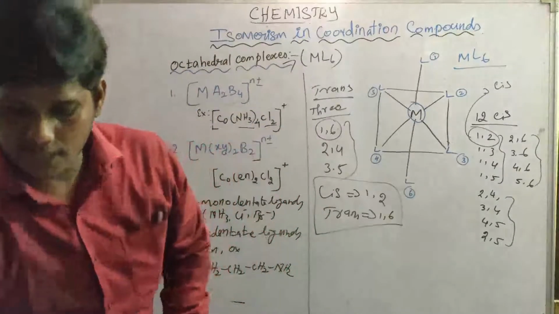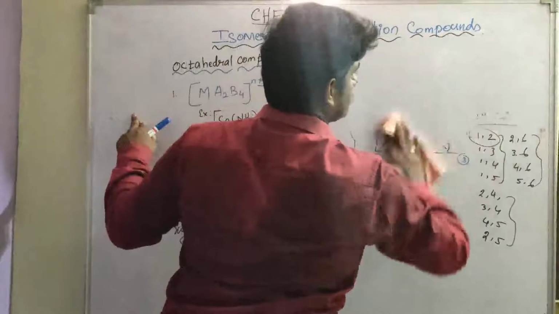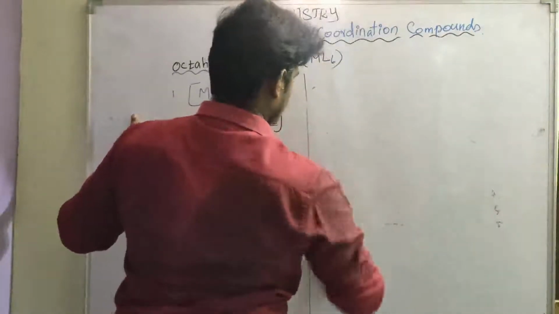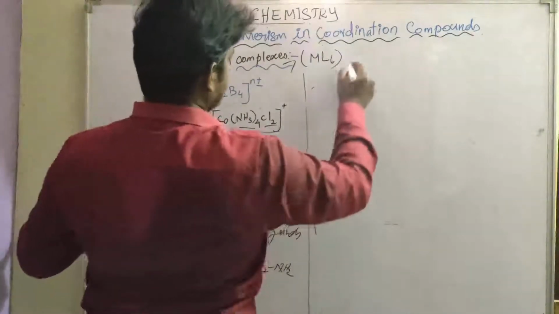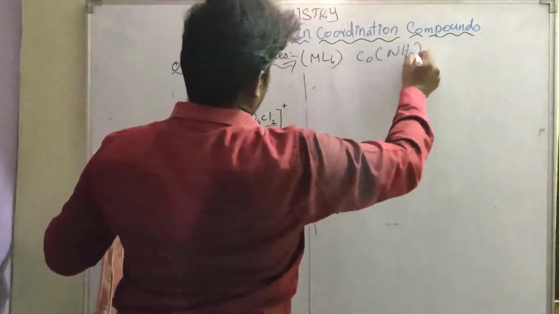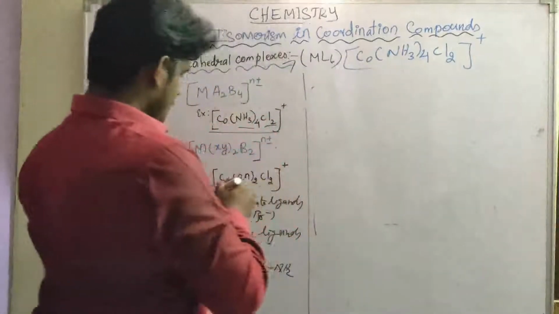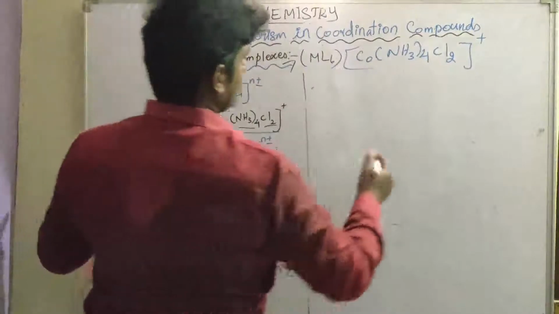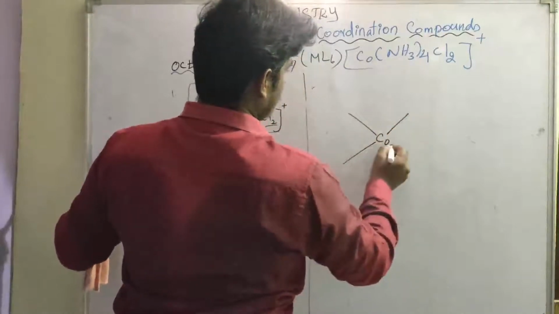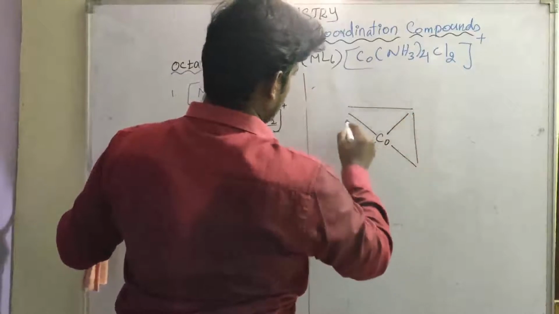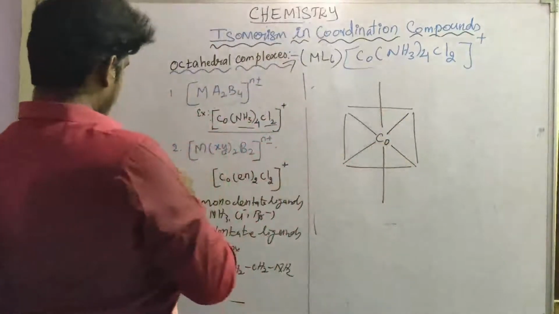Now we discuss an example. Take this example: cobalt NH3 4 Cl2 plus. The central metal acts as cobalt.